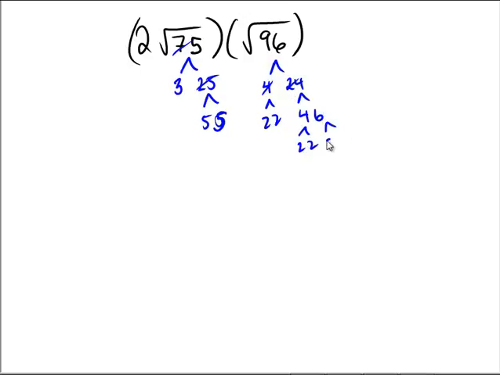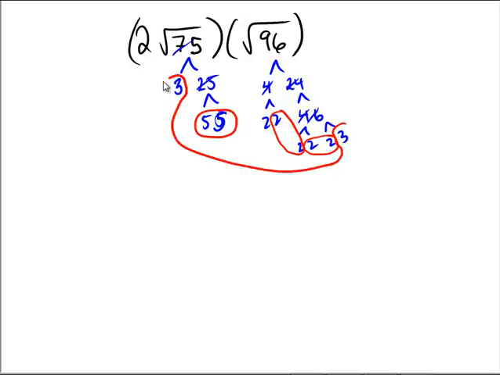And 6 is 2, 3. There's all my primes all broken down. Pairs. Looks like a pair of 2's and a pair of 2's. I see a pair of 5's. And I also see a pair of 3's that match up in this multiplication. So all that's really left is that little 2 hanging out right there.